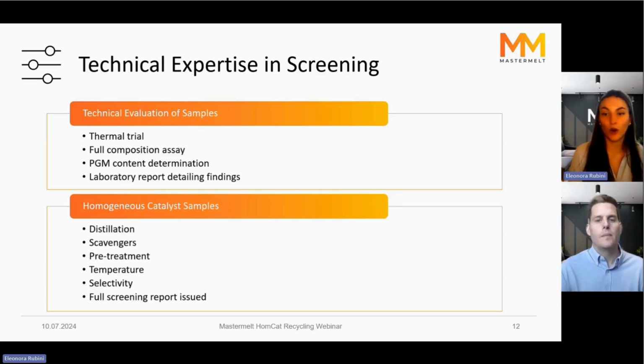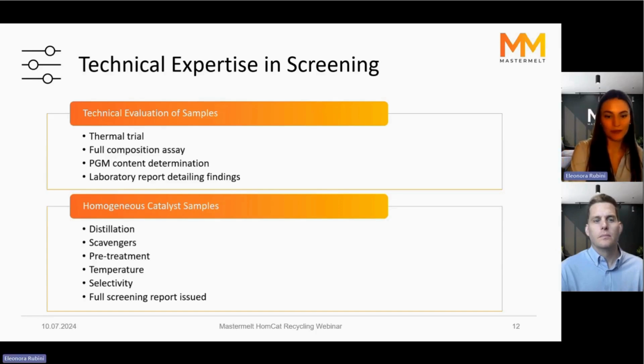They will undergo some pre-treatments with some acids to release the PGM that might have been tightly bound to some functional groups. But we will also assay the temperature and see what kind of effects it has on your stream, as well as the selectivity, for example, on scavengers. So it's all these different trials and errors to understand really how do I get the best recovery, but also is it economically viable to do it this way for me?